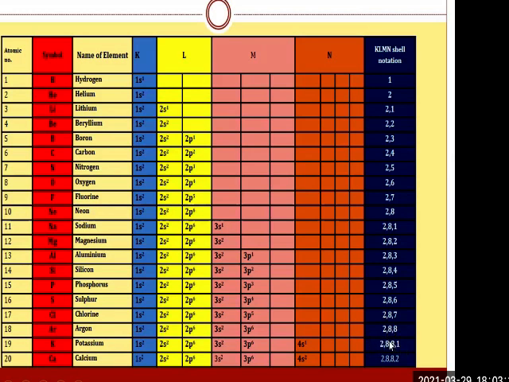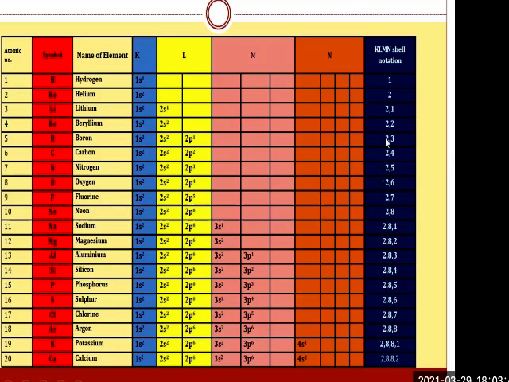Moving ahead, potassium and calcium belong to the 4th period because they occupy 4 shells, K, L, M, and N. That's how elements are grouped into periods.